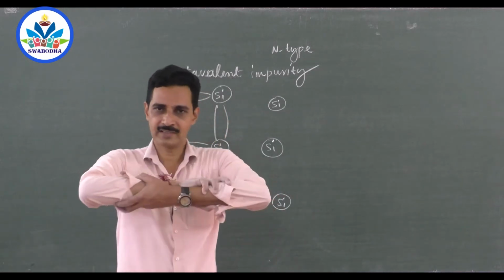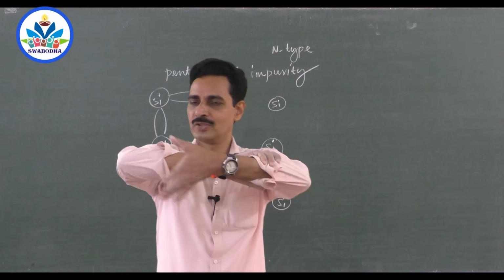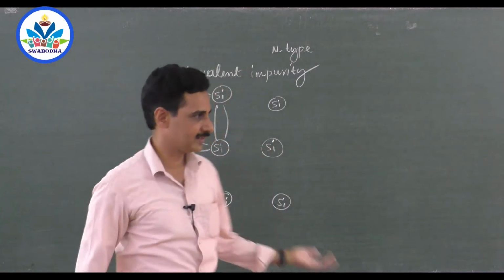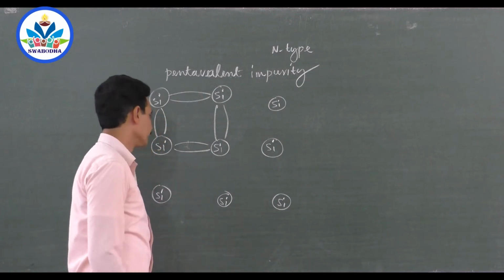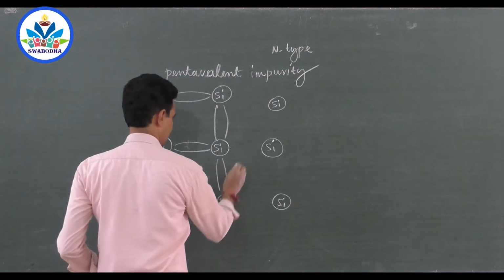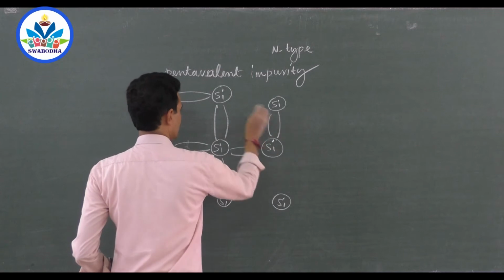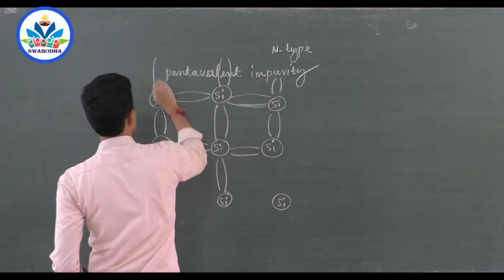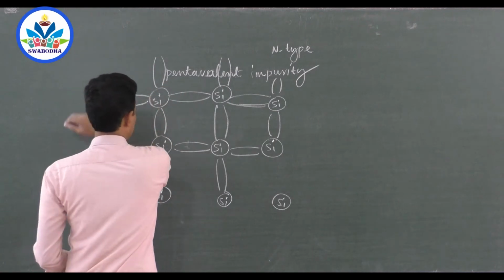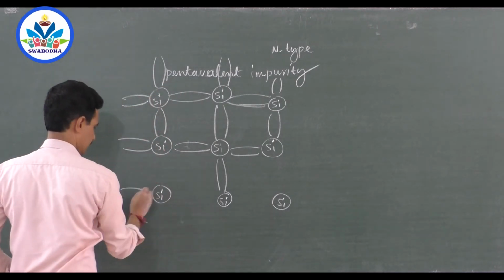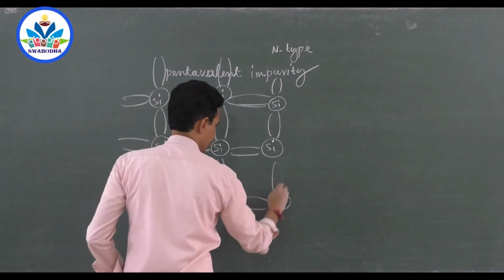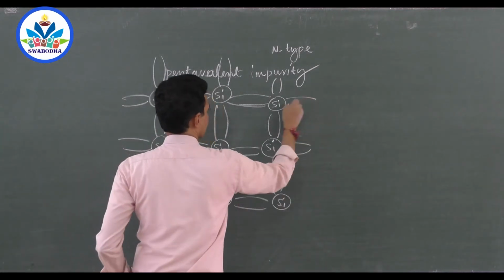You lock him here and he locks you here, so you can pull him. Two locks make it very tight. That is how we show it here. So the bonds are intact like this. This is only a model. These bonds will have some more silicon atoms further, which are not shown in the diagram.